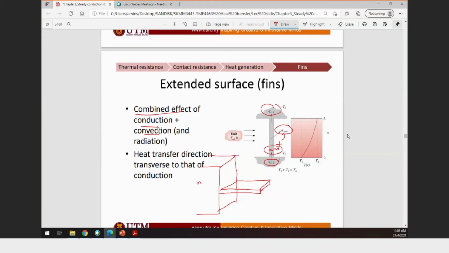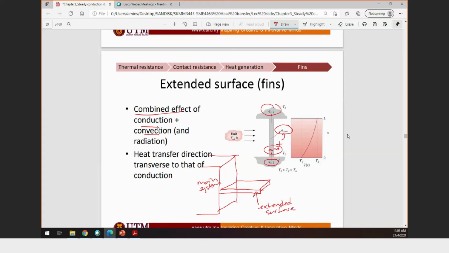This is the main system or object. This is what we call an extended surface.